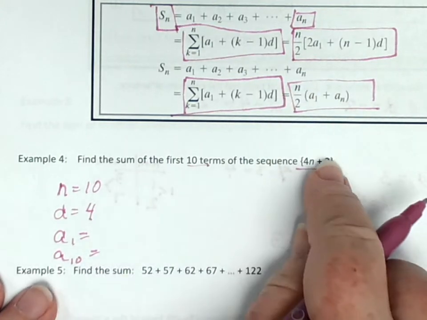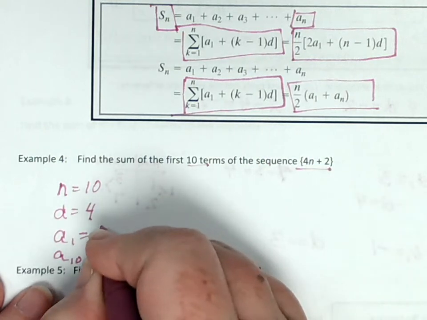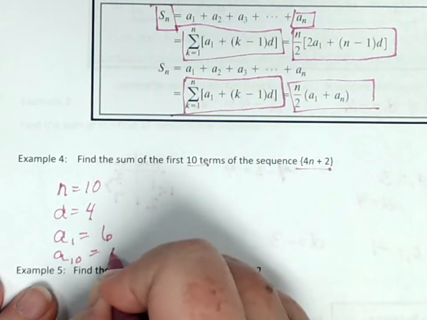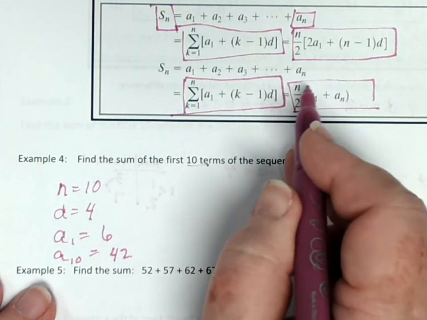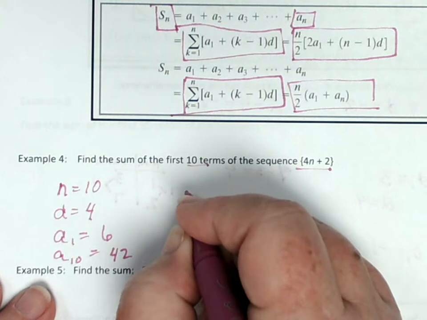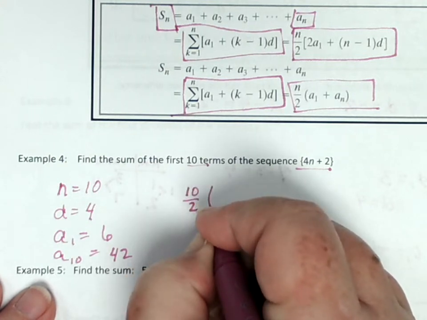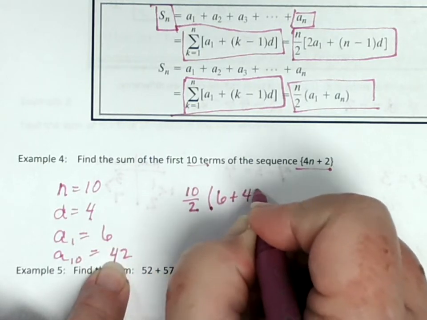So for the first term, let's plug in 1. 4 times 1 is 4, plus 2 is 6. The 10th term: 4 times 10 is 40, plus 2 is 42. I now have everything I need to solve this. I would say 10 divided by 2 times 6 plus 42.